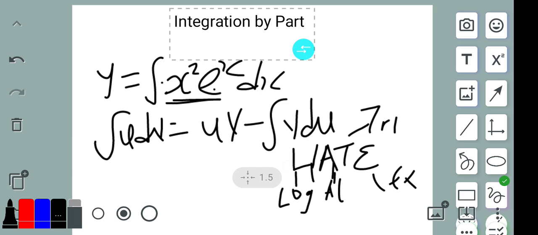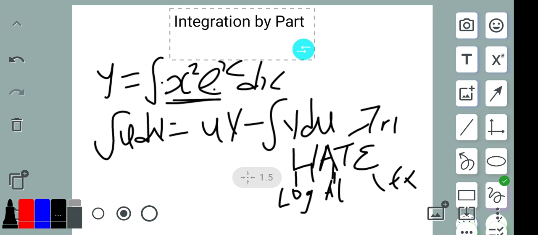If you have a problem like this, x square is an algebraic expression, and exponential x here is exponential. Algebra comes before exponential, A comes before E. That means your x square, which is your A, will take the value of your u.